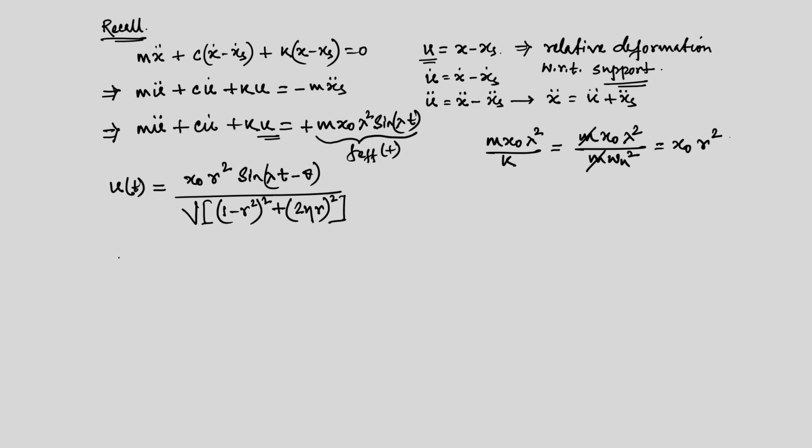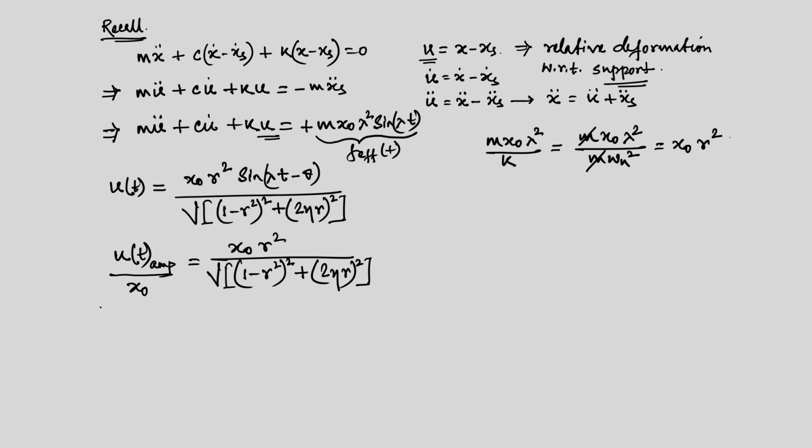Now, if you look at the amplitude of u, that quantity is x naught r square divided by square root of 1 minus r square whole square plus twice eta r whole square. Now, again if you take the ratio of u's amplitude and the deformation of the support, you have this expression.